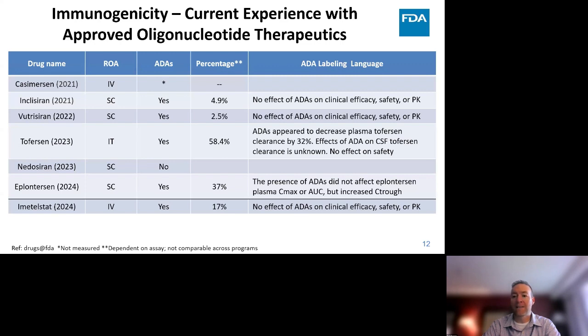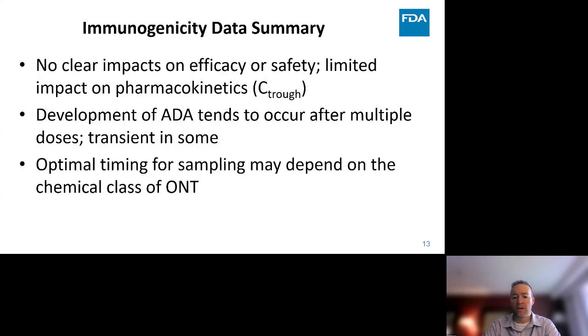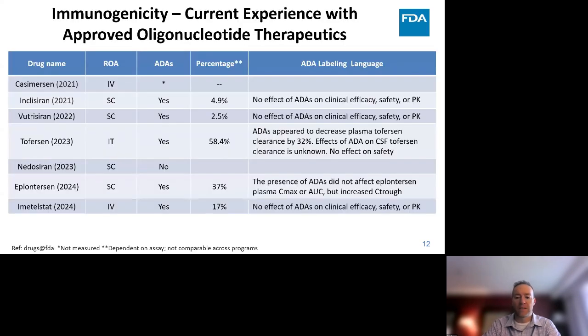Again, this drug acts centrally within the CNS, and there were no effects on safety. Just this year, with the approval of eplontersen, there was a presence of anti-drug antibodies that did not affect plasma Cmax or AUC, but again, they did impact C trough. But again, overall, the majority of these compounds have demonstrated no effect on clinical efficacy, safety, or PK, despite having some anti-drug antibody positivity.